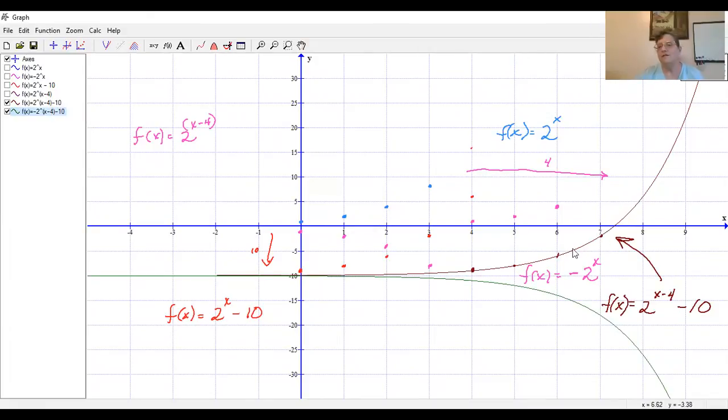That reflects this graph, flips it over, so that all of these are now reflected across the line y equals negative 10. So all of the translations, transformations, reflections work the same with exponential functions as they do with anything else.